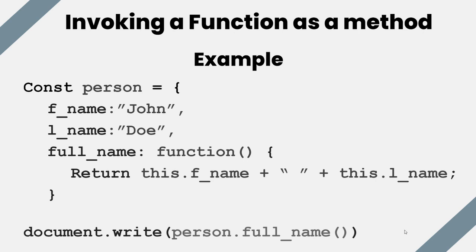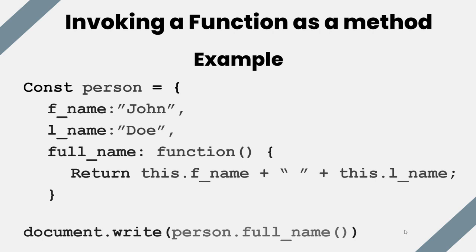Now, looking at full underscore name, full underscore name has a function here, and this function serves as an object method. Now, if you notice well, within this function, we have the this keyword still appearing here.